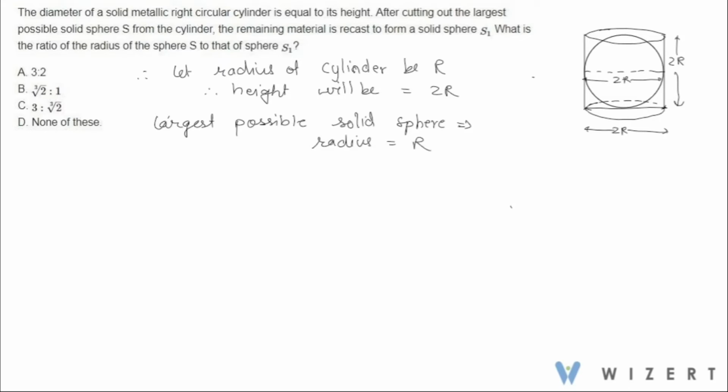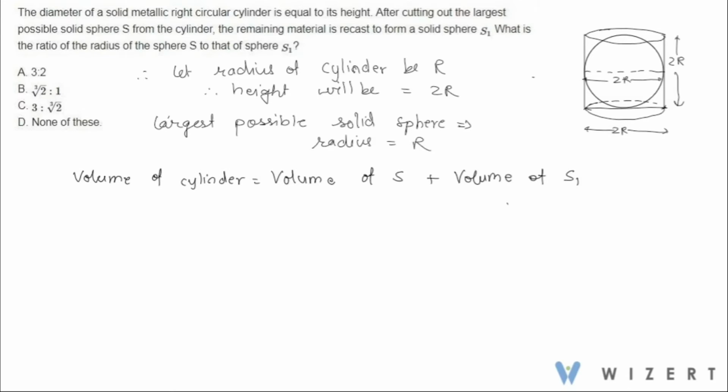Now we know that this solid sphere is cut out of this cylinder and the remaining material is recast into another solid sphere. Therefore, we can have volume of cylinder equal to volume of S plus volume of S1.